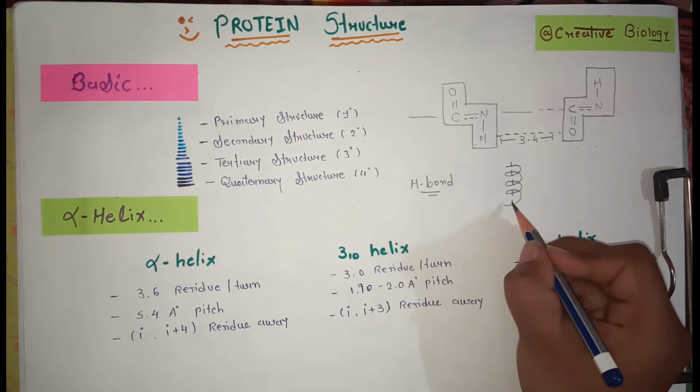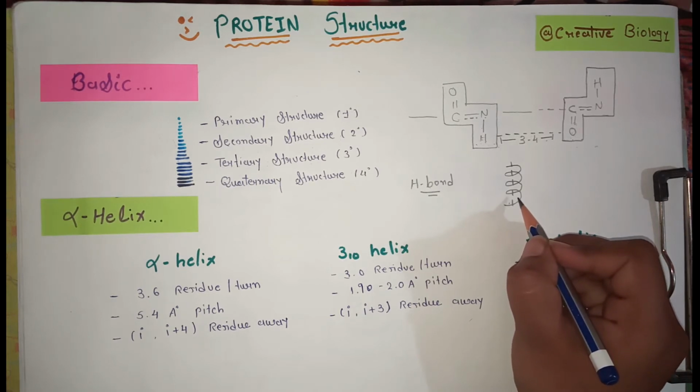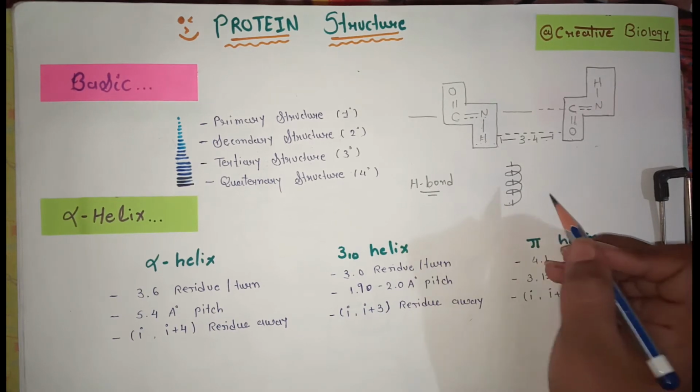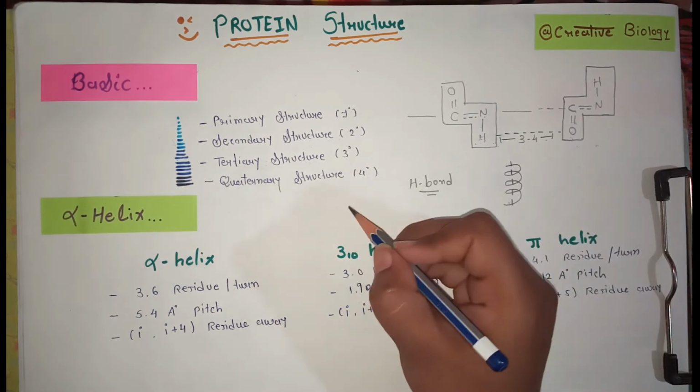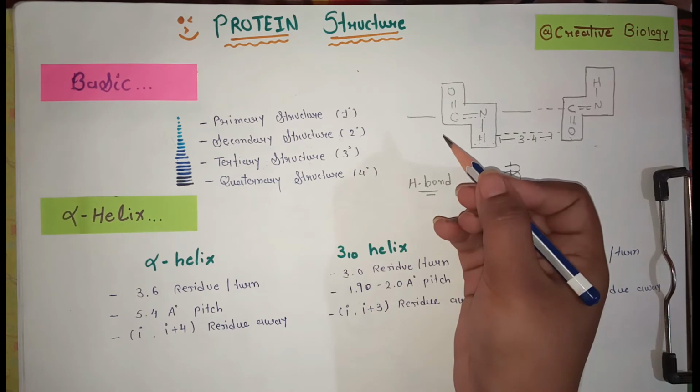This type of structure is known as a helical structure, right? In most cases we find the alpha helical structure, either a right-handed alpha helix or a left-handed alpha helix.